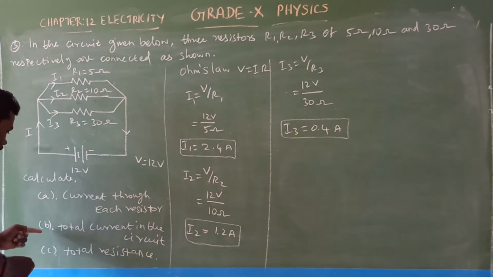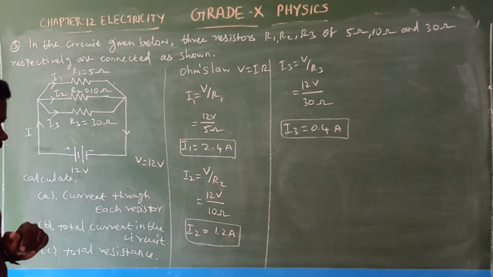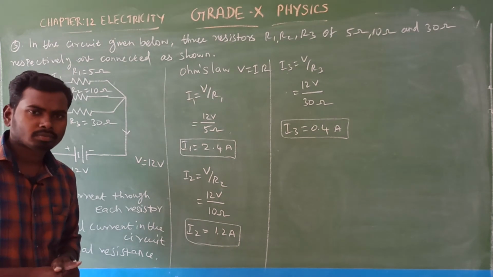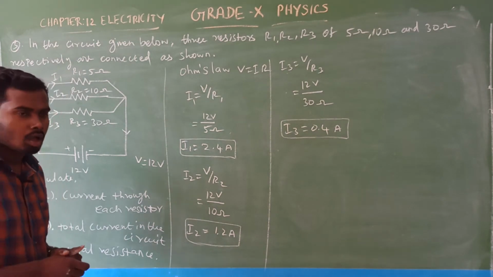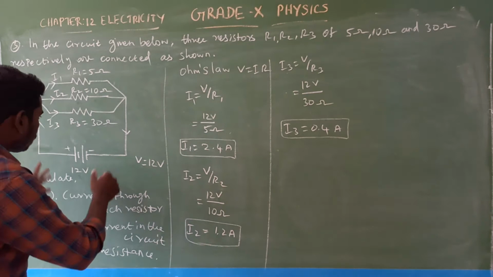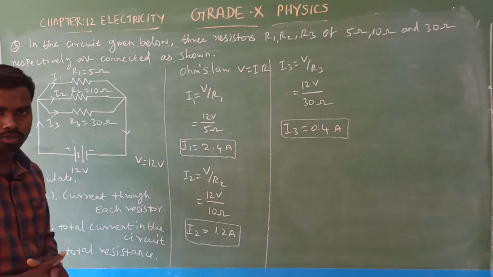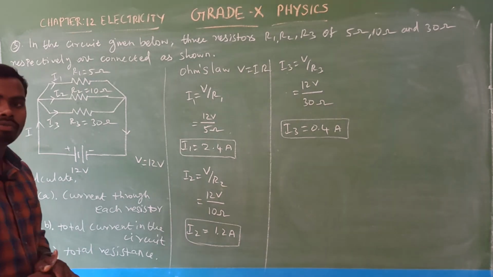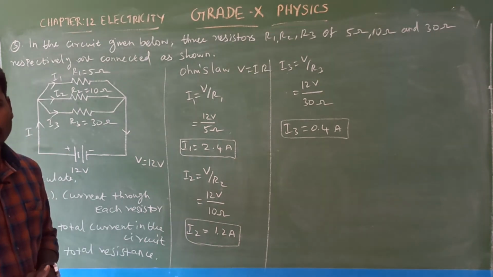Next one: total current in the circuit. What is the total current, sir? Total current means how much current is flowing through this entire circuit. That is the question.